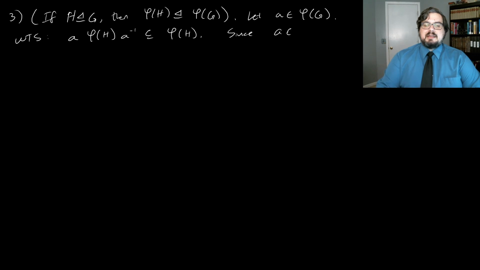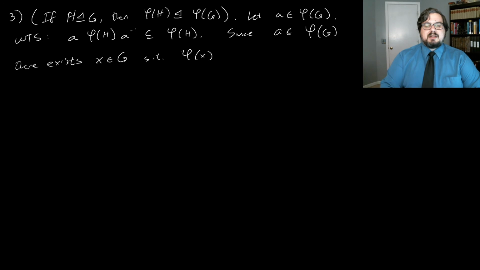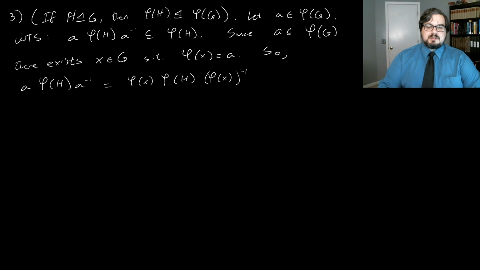Now, since A is in phi of G, there exists X in G such that phi of X equals A. So that means that A times phi of H times A inverse is equal to phi of X times phi of H times phi of X inverse.